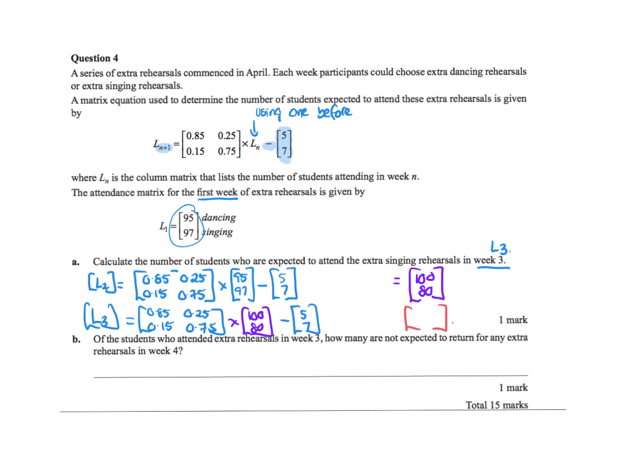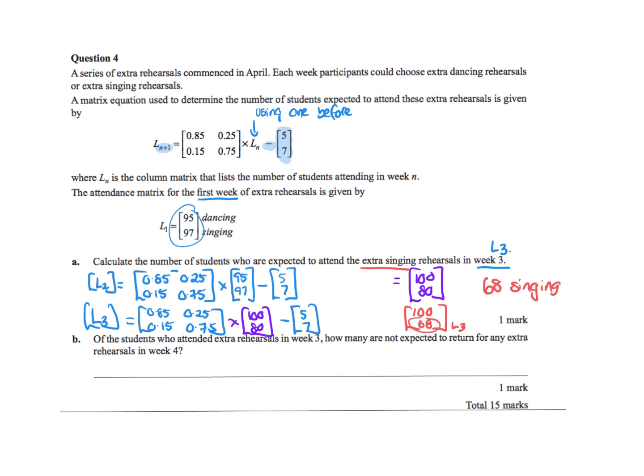This one's actually L3, which we have 168. Now, the top number was dancing and the bottom number was singing, and they just wanted singing. So you would say 68 were singing, extra singing. So this bottom number was the singing part.